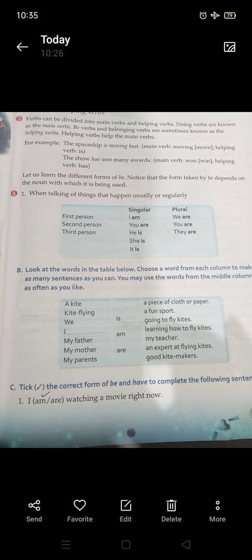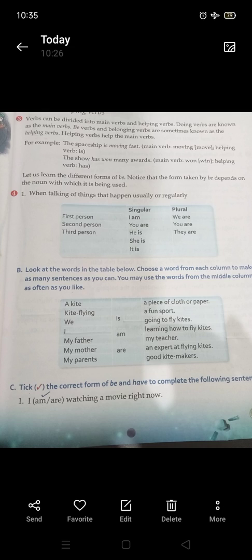When talking of things that happen usually or regularly, we have first person, second person, third person, singular and plural. First person: I am, we are. Second person, singular and plural: you are.